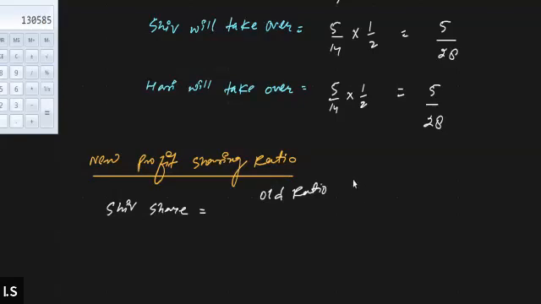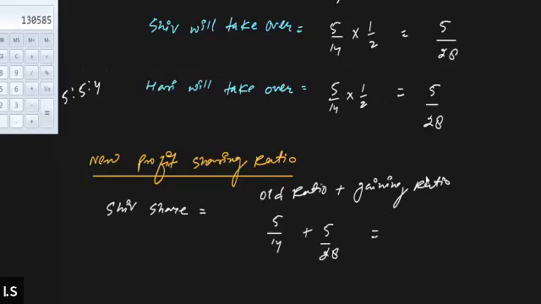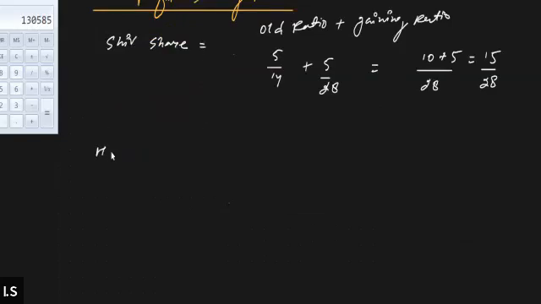Old ratio plus the gaining ratio. 4 by 40 plus 5 by 28.